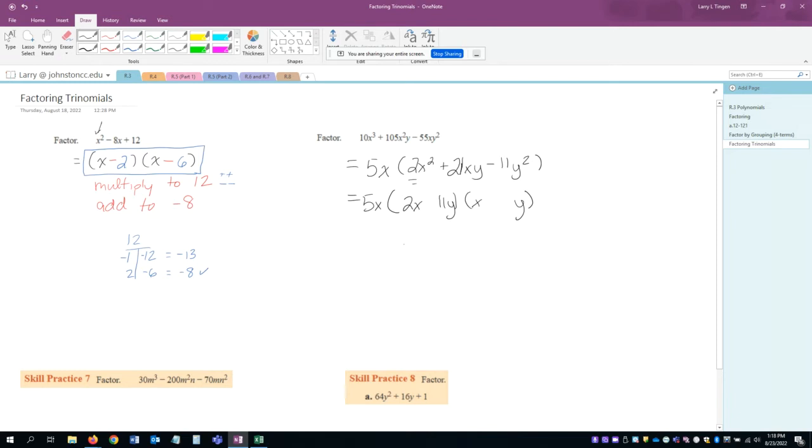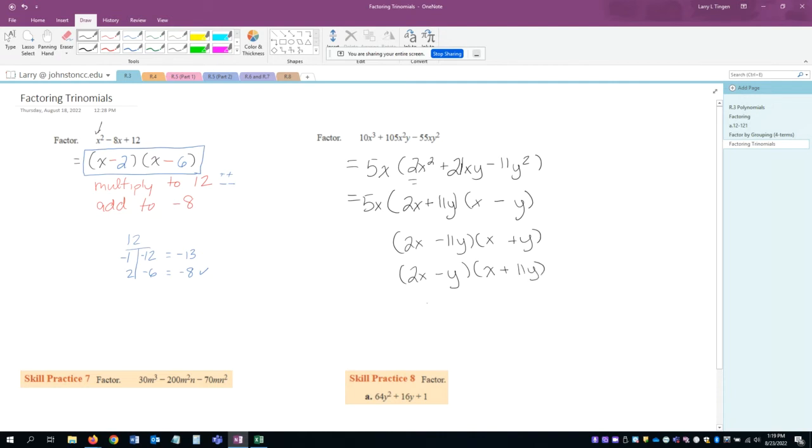So what are all the possible arrangements? Well, I know I'm multiplying to a negative, so I could have plus minus, I could be looking at minus plus, and because my leading coefficient's not 1, I have to respect that I could have the y and the 11y in the wrong place.